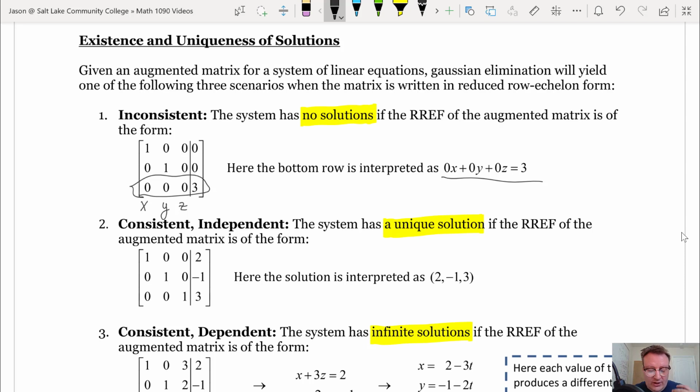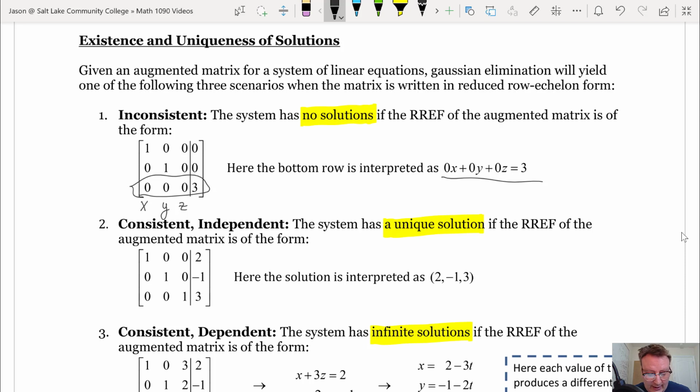So geometrically speaking, if you have an inconsistent system, it means at least two of the planes are parallel and thus never intersect, and thus there's no solution. Because remember, what we're trying to do is find the set of all points that simultaneously satisfy all the equations in the system. If you have parallel planes, there's no solution.